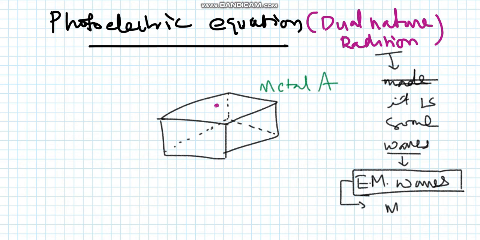Maxwell conceived that light might indeed be electromagnetic waves, and later it was experimentally verified by Hertz.